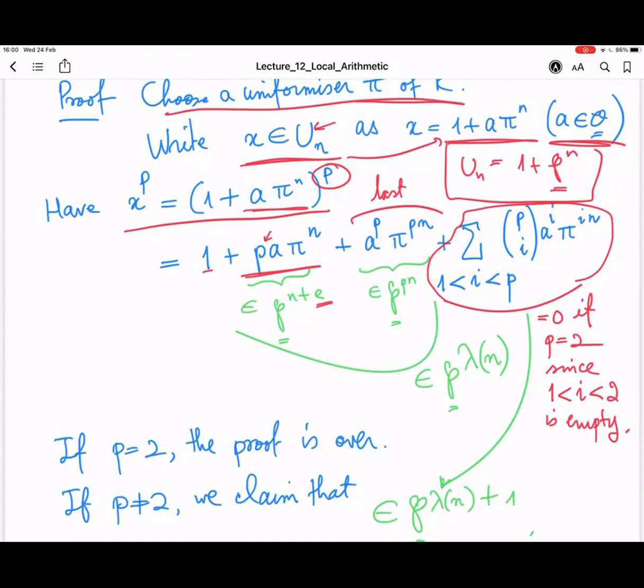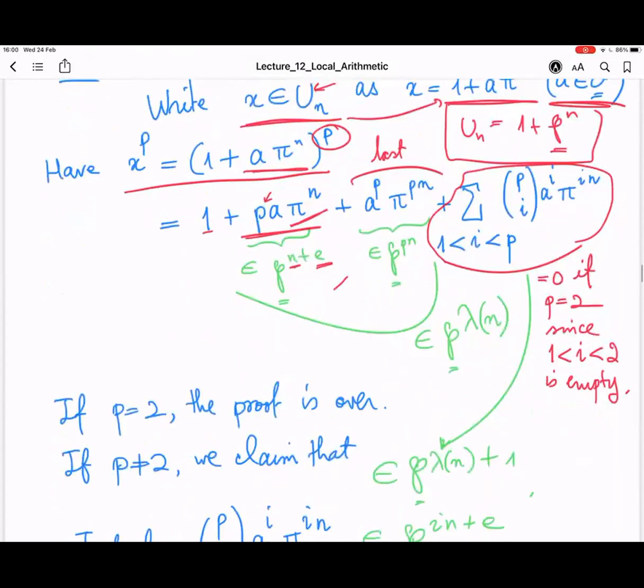And what is the power of the maximal ideal to which π to the n belongs? Of course it belongs to P to the nth power. So this product here belongs to this thing here. And similarly, this here belongs to this power of the maximal ideal.